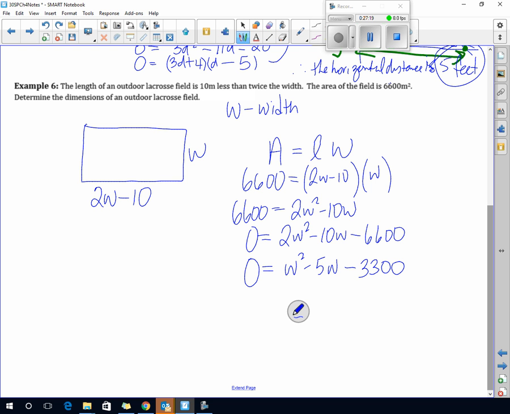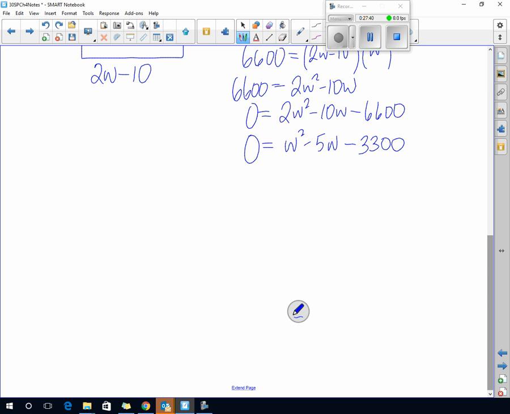The closest one together would be if you square rooted it, right? So what's the square root of 3,300? 60 and 55, Ryland says. Very good. So 60 and 55. So we need a minus 60 and a plus 55 for this to work.